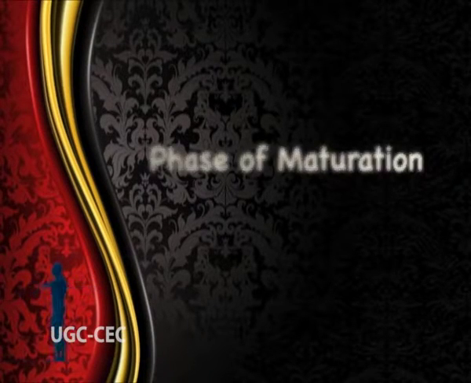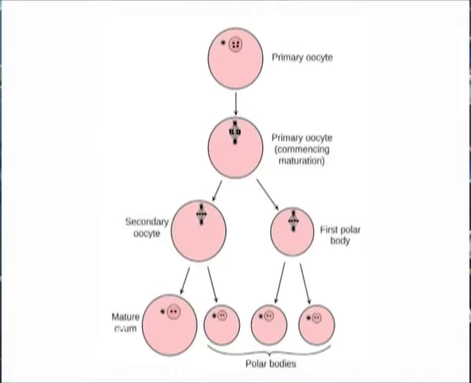Phase of maturation. The maturation phase is accompanied by two maturation or meiotic divisions that differ greatly from the maturation division of the spermatocyte. Here, after the meiotic division of the nucleus, the cytoplasm of the oocyte divides unequally to form a single large-sized haploid egg and three small haploid polar bodies or polocytes at the end.